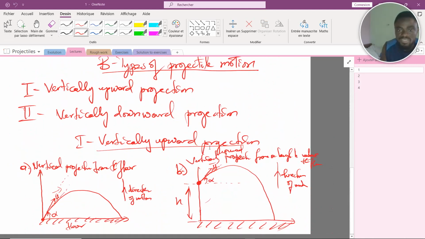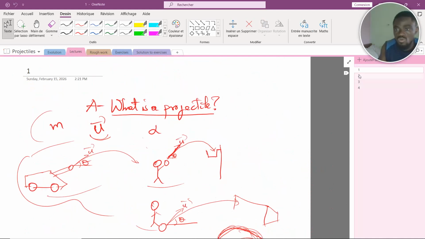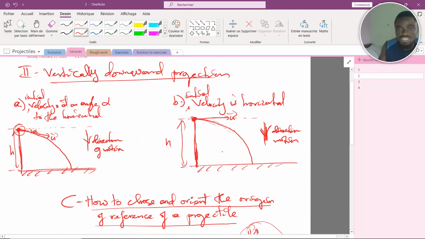This vertically upward type, we're going to know how to precise the origin of reference here, and we are also going to learn how to precise the origin of reference for the vertically downward projection. Is that okay? So that will be our objective here.